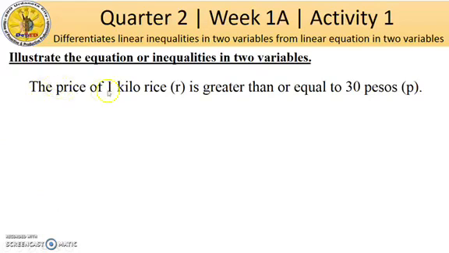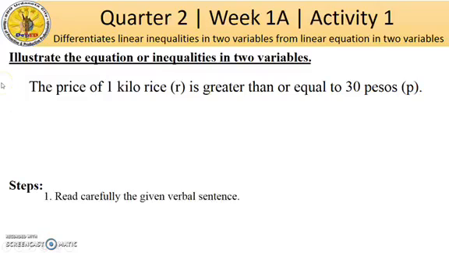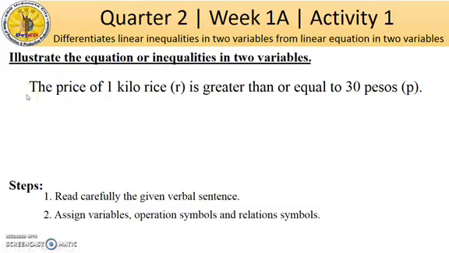And now, we have another example. The price of 1 kilo rice is greater than or equal to 30 pesos. Okay, so we're done reading the given. Next, we will assign variables. So the price of 1 kilo rice will be changed to R. Is greater than or equal. So we have this symbol for greater than or equal. 30 pesos, so we have 30p.